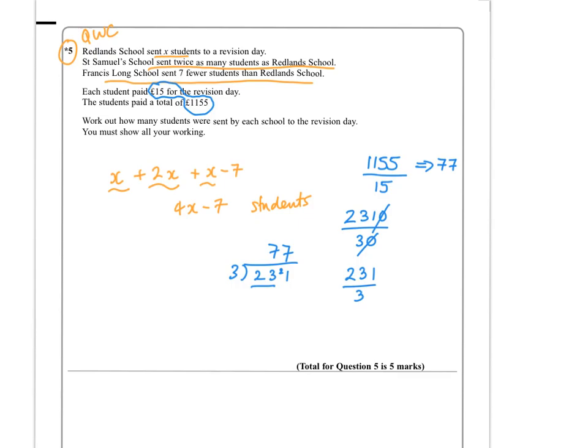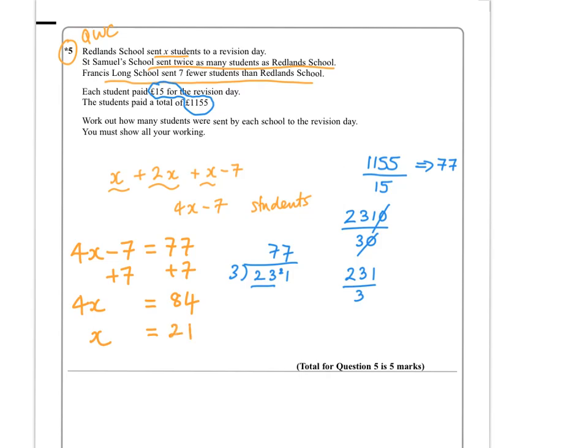So there's 77 students altogether, so we should now say that the total number of students is 77, and we form this linear equation. Then add 7 to both sides, and we'd give our next line as being 4x equals 84, and so x would be 84 divided by 4, which is 21.